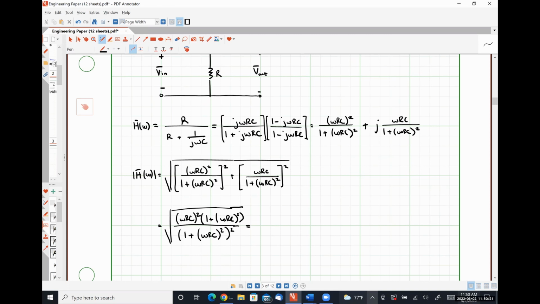All right, so from here, I can obviously see that my 1 plus omega RC quantity squared bit in the numerator is going to cancel out one of the powers in the denominator, leaving me with omega RC over the square root of 1 plus omega RC quantity squared.